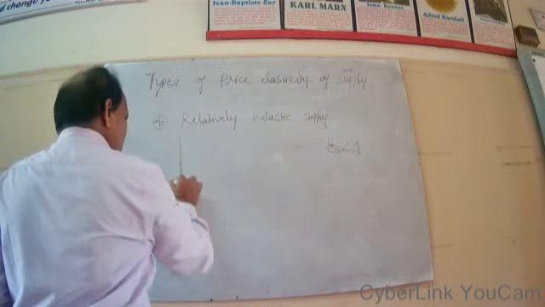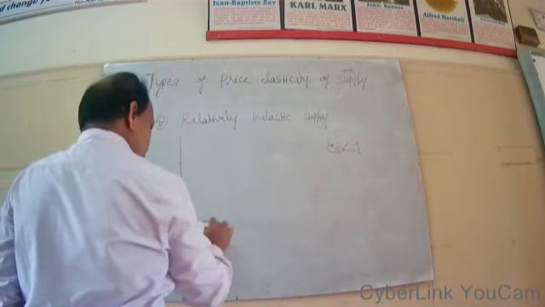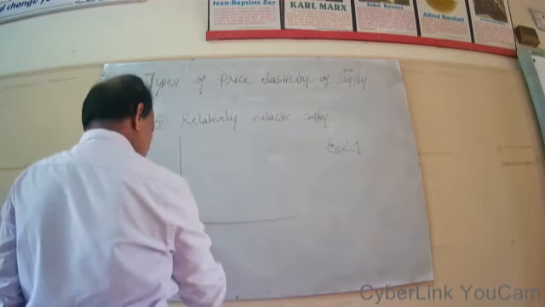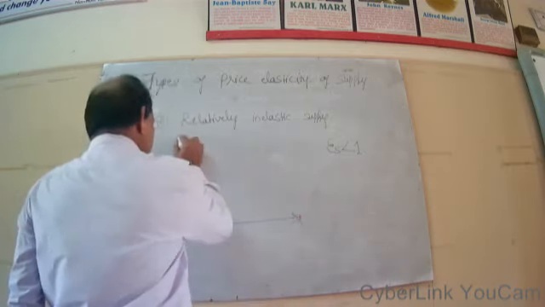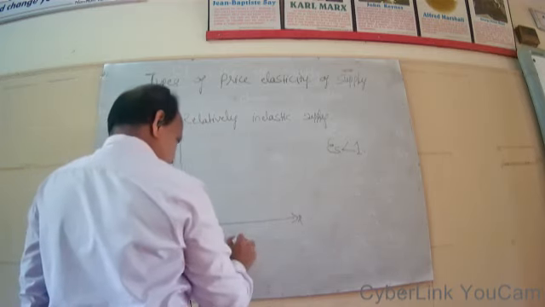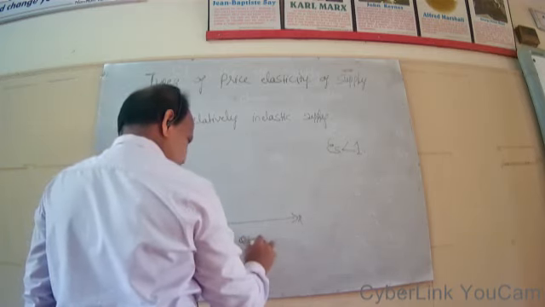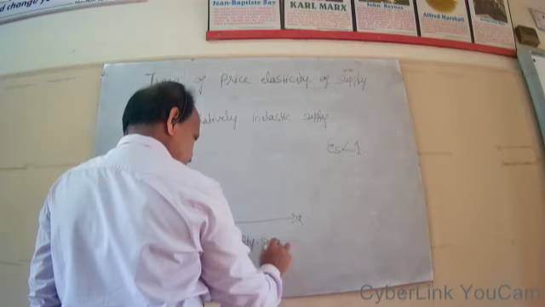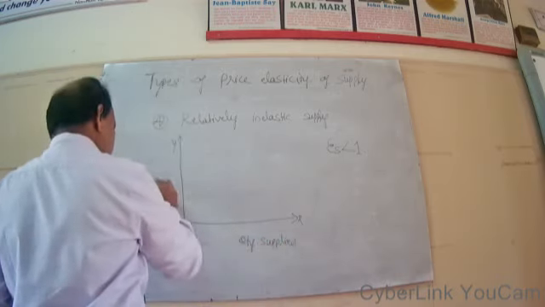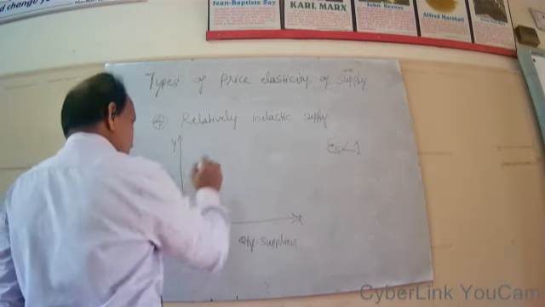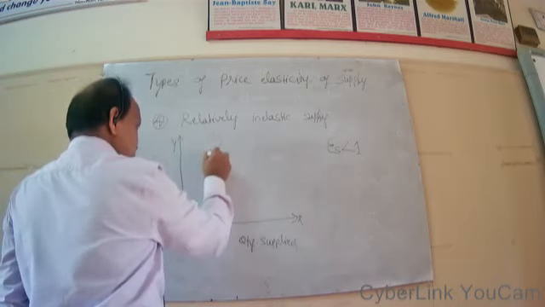And the supply curve will be a more steep curve. I can show the supply curve also. OX, OY. Quantity supplied, and here price. You can observe the shape of the supply curve.